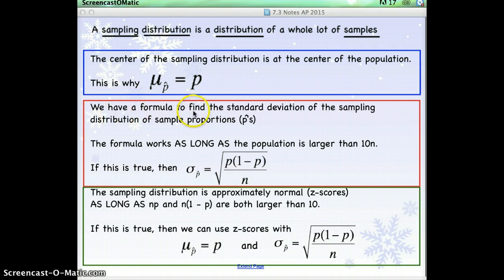Okay, then we have a formula to find the standard deviation of the sampling distribution of the sample proportions, p-hats. This formula only works as long as the population is larger than 10n. That's that first condition. That's the 10% condition. Let me grab a pen here.